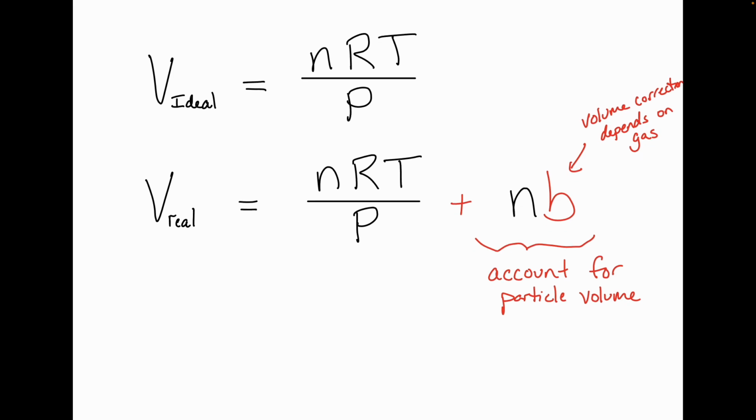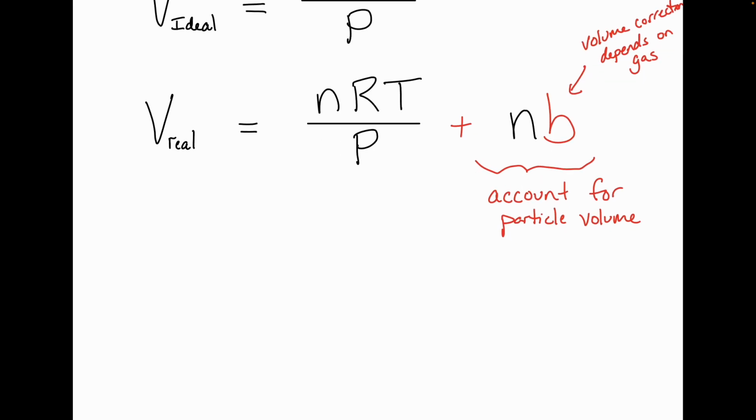Cool. All right, so this accounts for that first assumption in our kinetic molecular theory that we didn't like, about the volume of the gas particles being 0. The other one that we had beef with was the idea that the collisions between gas particles are elastic. And that would account for differences in observed pressures of our gases.